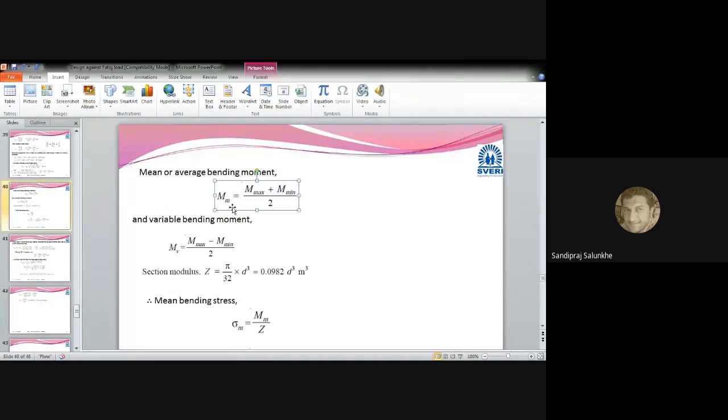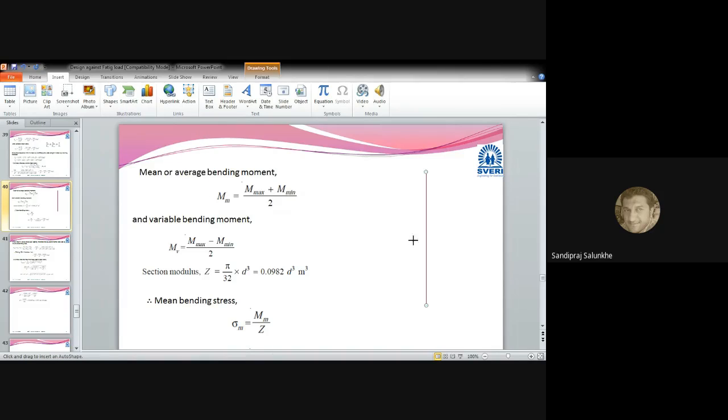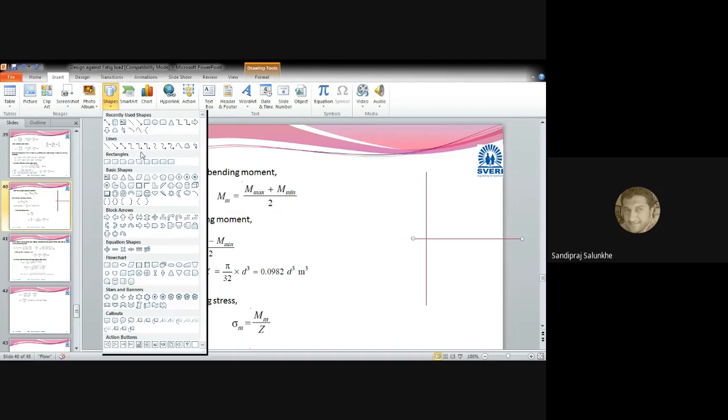So for bending stress, we need to have the bending moment. The bending moment is also varying from its maximum value to its minimum value. So we have to calculate the mean bending moment. Now if you see the graph of this bending moment, here we can draw that graph. It is convenient to draw here now. This bending moment is going to vary from its maximum to its minimum value.